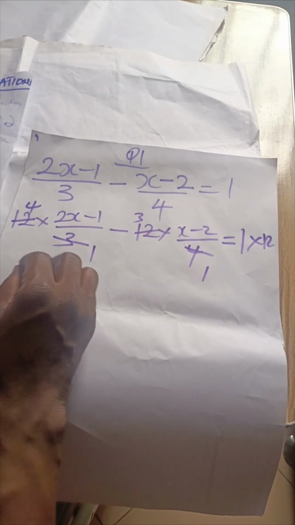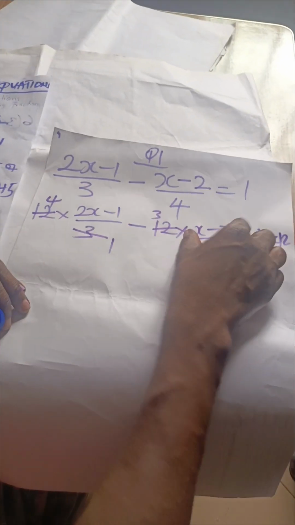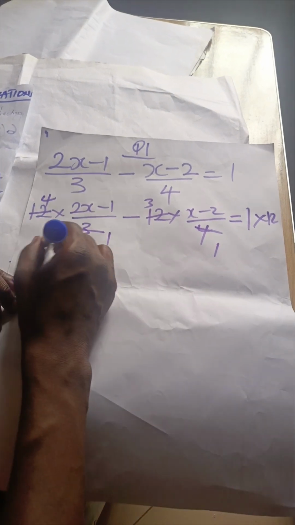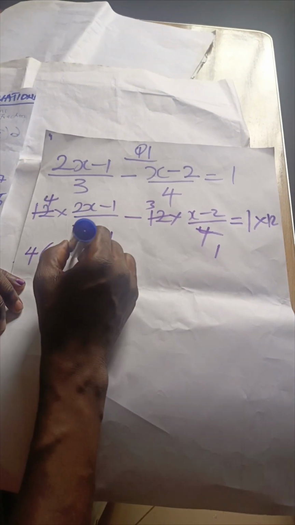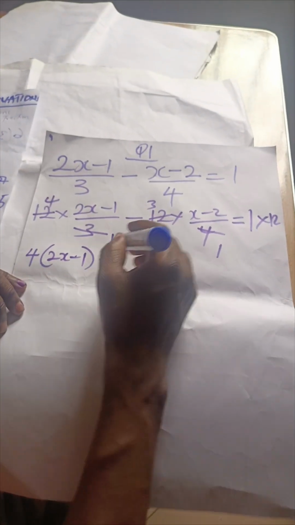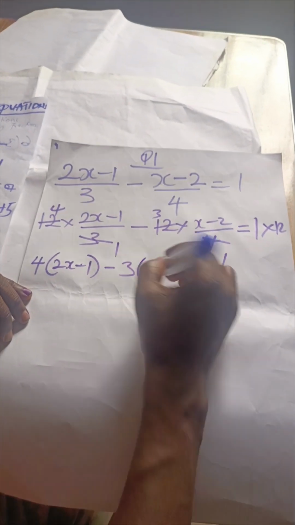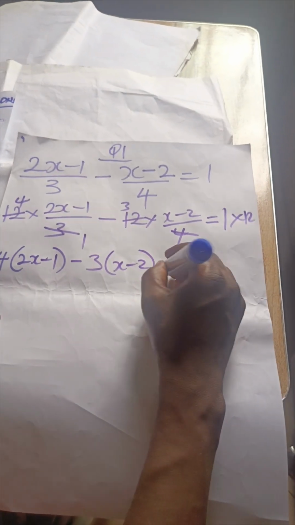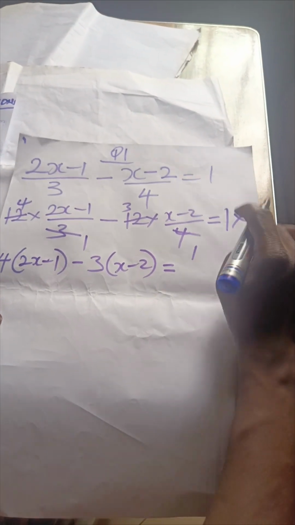Now here we can group the numerator in a bracket so that it will help us to multiply easily. So we're going to have 4 here, bracket 2x minus 1, bracket close, minus 3, bracket open, x minus 2, bracket close, is equal to, you can just multiply this one straight away.